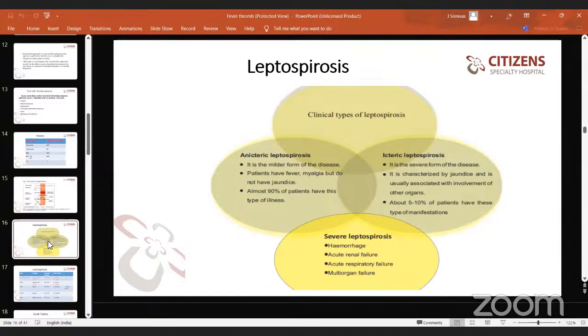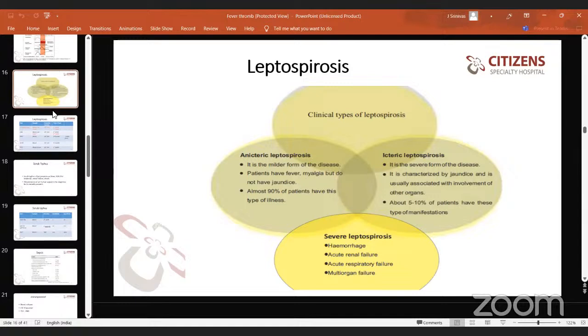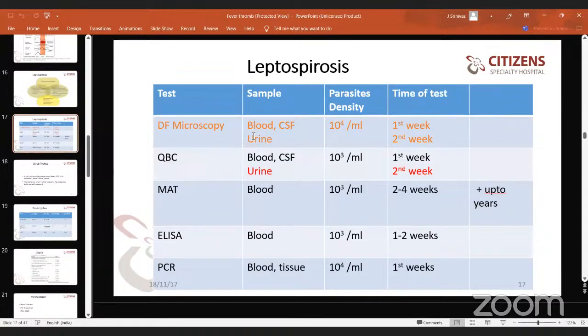Okay. Also, tissue can be demonstrated by fluorescent markers, sir. Fine. PCR testing, sir. Okay.